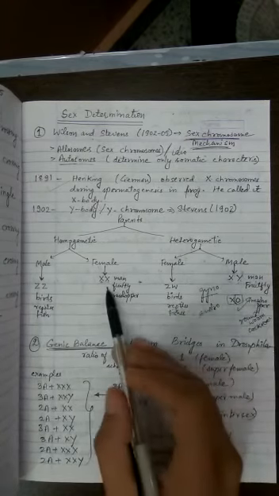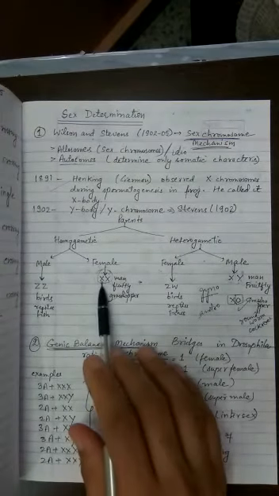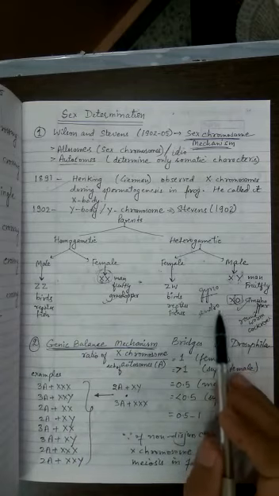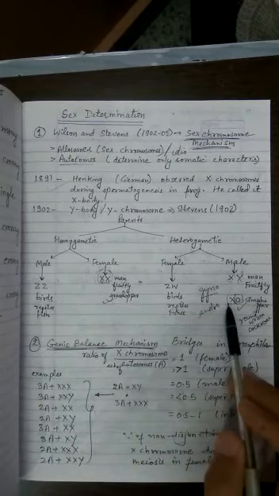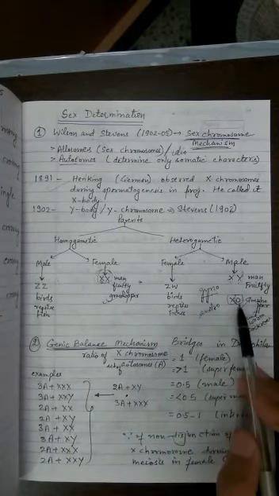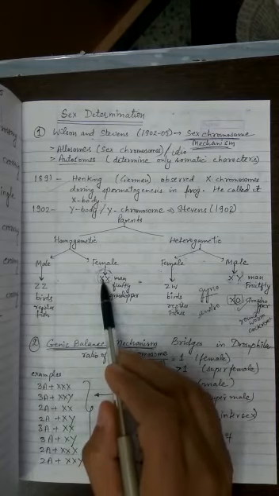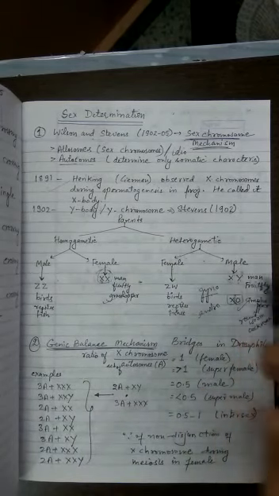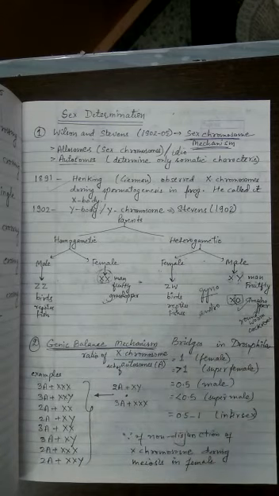In the case of the female, it is again the same situation, XX. When a sperm carrying the X chromosome fertilizes the egg carrying X, a female is formed. But if a sperm carrying no sex chromosome fertilizes the egg, it will lead to the formation of a male. So males in this category are XO and females are XX.